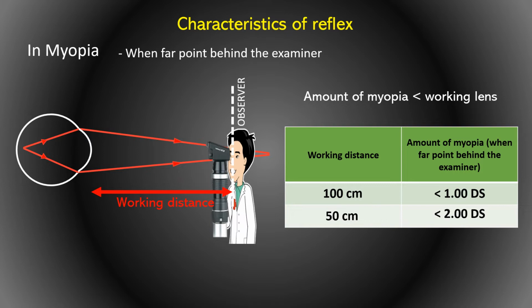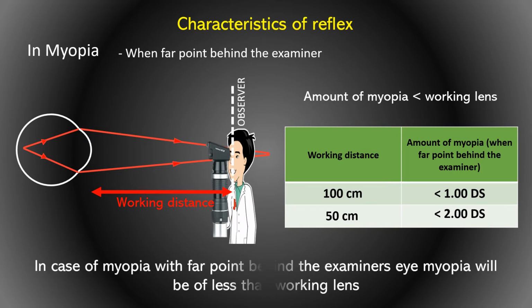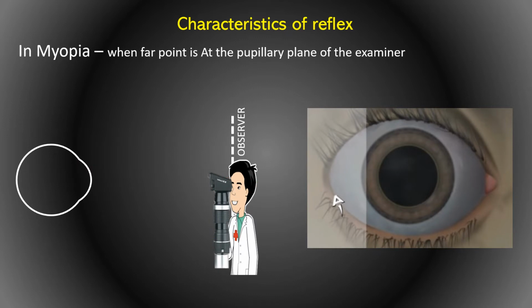We all are different and comfortable doing retinoscopy at different distances. So in case of myopia with the far point behind the examiner's eye, the myopia will be less than the working lens, not always 1 diopter.